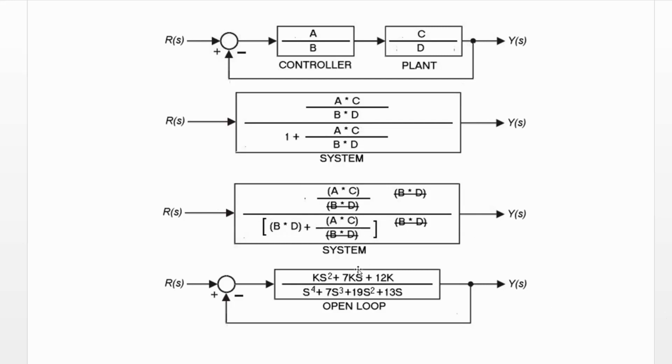When you plug in the values for the open loop, we're going to solve for this in a second. We plug this in and we do the same thing. So this will be the A times C, and this equation here will be the B times D equation.